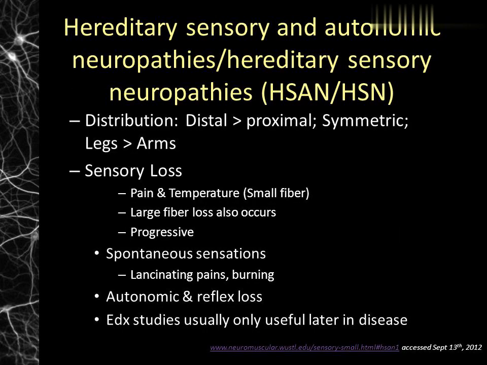Hereditary sensory and autonomic neuropathies, hereditary sensory neuropathies, HSN. Distribution: distal greater than proximal, symmetric, legs greater than arms. Sensory loss: pain and temperature, small fiber. Large fiber loss also occurs. Progressive.